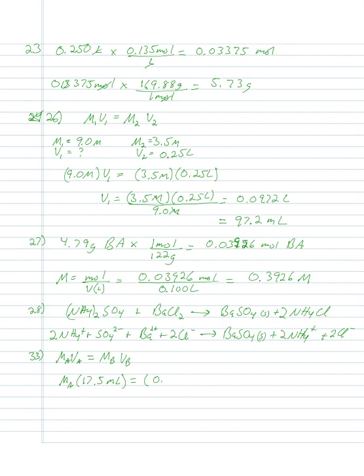We can work them from a mole standpoint, where we calculate the number of moles of our acid using the volume and the molarity, and then use our stoichiometry for the reaction, and then use the number of moles and the new volume to figure out what the new molarity is.